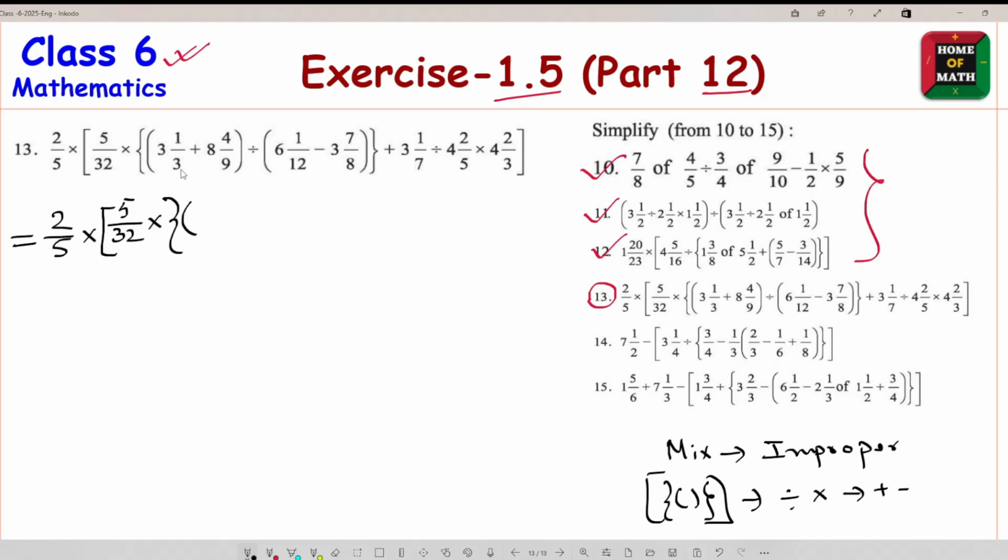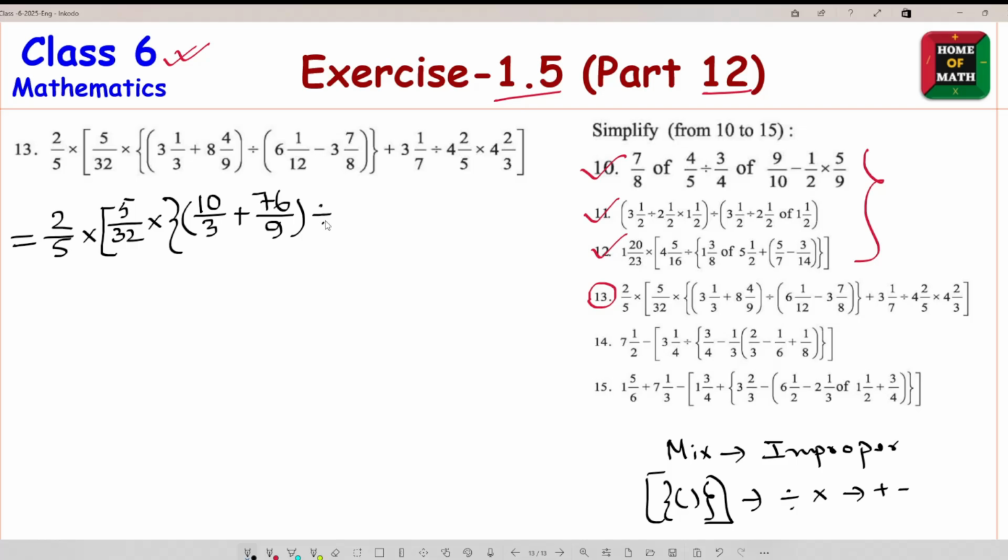Here is 3 1 by 3, a mixed fraction, so we can write 3 times 3 is 9, 9 plus 1 is 10, divide 3, plus here is 8 4 by 9, so 9 times 8 is 72, 72 plus 4 is 76 divide 9, first bracket close.